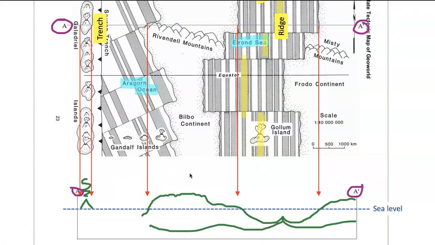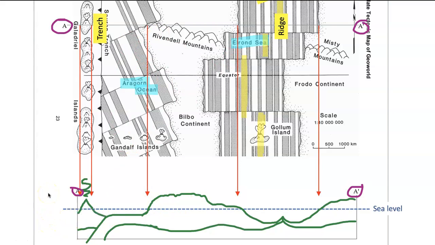Now, what about on the left side of the diagram? Well, we have a trench, and a trench means that there's subduction going on. And it turns out that the triangles, they're always on the side of the subduction zone that is the upper plate. And what that means is that the plate on the right is going down below the plate on the left. So that's our whole diagram.